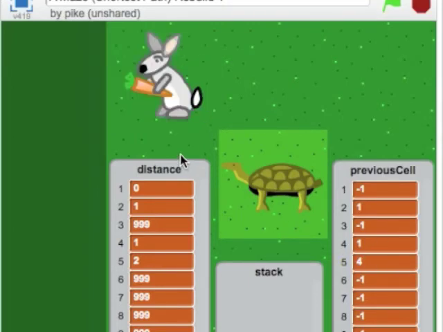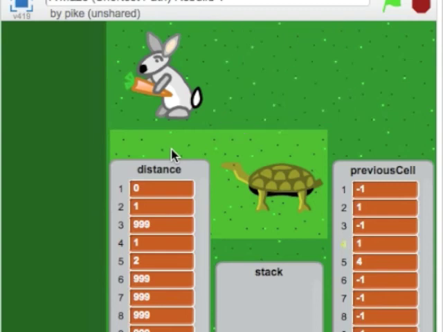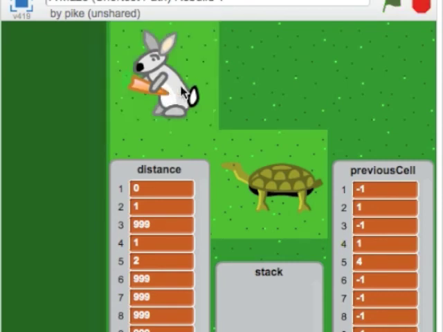It says cell 4. So I highlight cell 4. Then I look at the previous cell table for 4 and find that the previous cell was 1. And I highlight it. And I'm done.